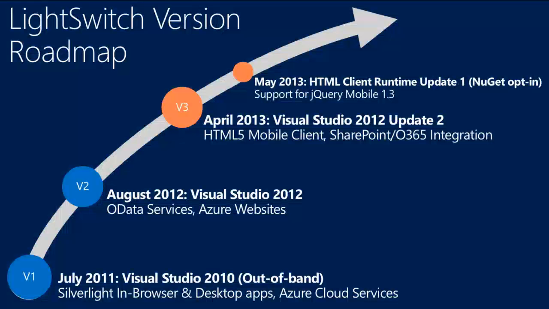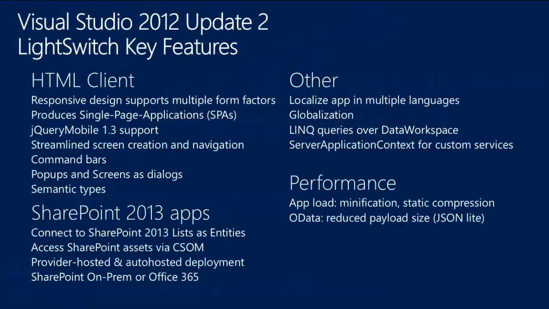When it comes to building SharePoint applications, you can choose to use either the desktop client, which is actually an in-browser Silverlight client, or the HTML client. You can deploy either one. Some of the features we're going to discuss a little deeper are the SharePoint apps.